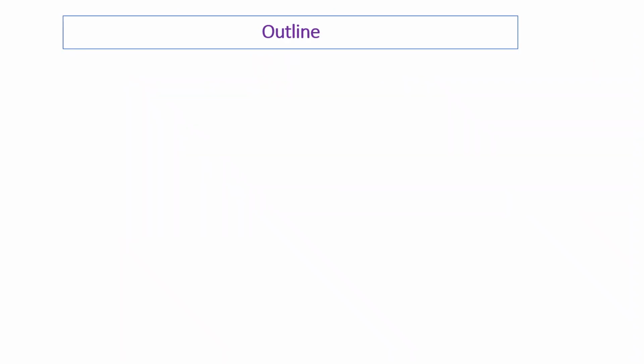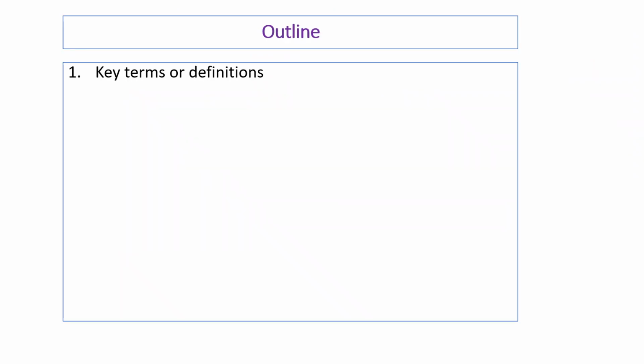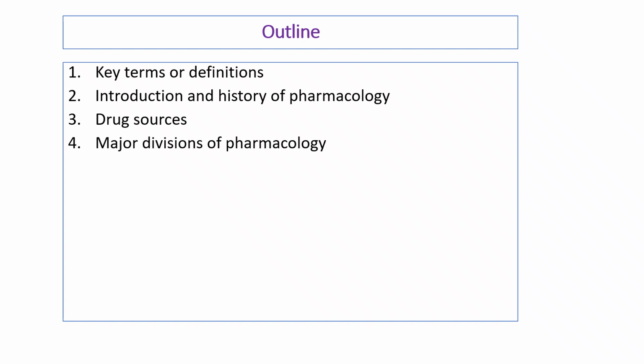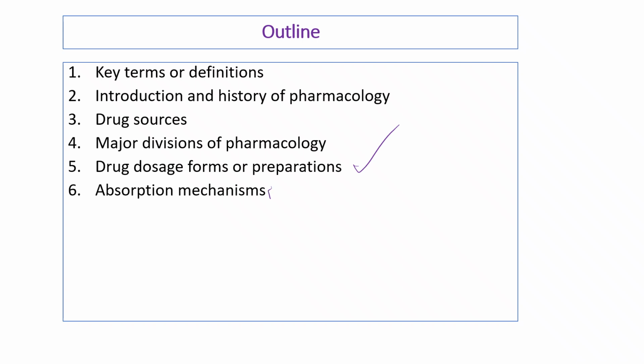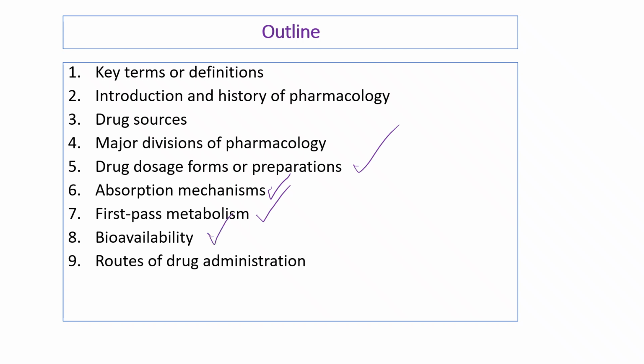All right, so the outline: we are going to see the definitions, then history of pharmacology, drug sources, major divisions, dosage forms and preparations, absorption mechanisms and first pass metabolism, bioavailability, routes of drug administration, drug names, and summary.